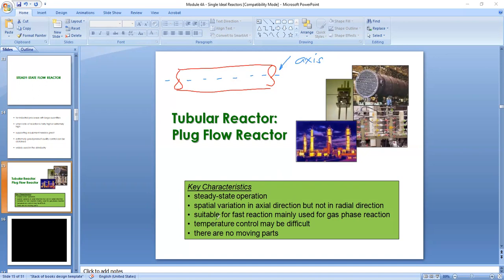The special variation in axial direction means the concentration here, Ca1, is different from the concentration here, Ca2, along the axis. As explained, there is already conversion of your reactant as your reaction progresses along the tube. Let's say this is your inlet and this is your outlet. Now, however, there is no radial variation.